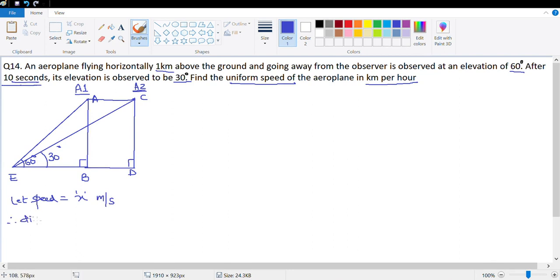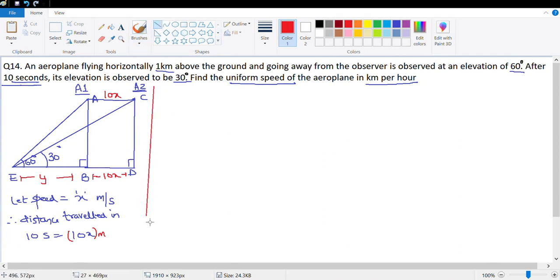Therefore distance traveled in 10 seconds would be 10x meter. So the distance of BD, or the distance of AC, is 10x, and AC is equal to BD, which is also 10x. Done. And let DE be equal to Y.